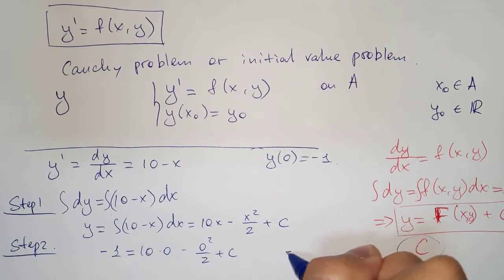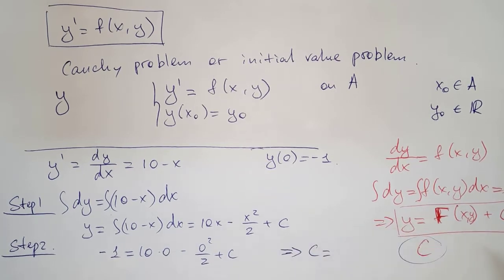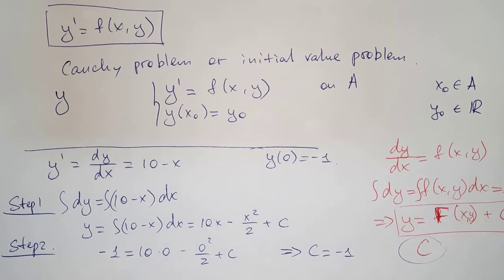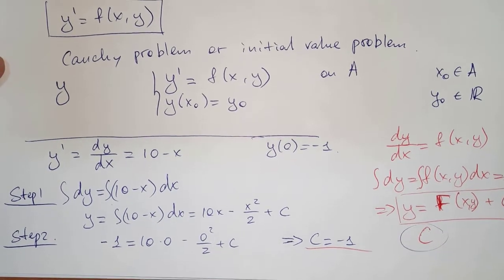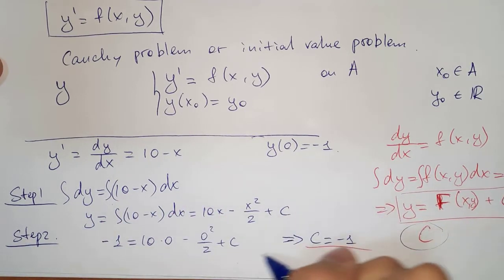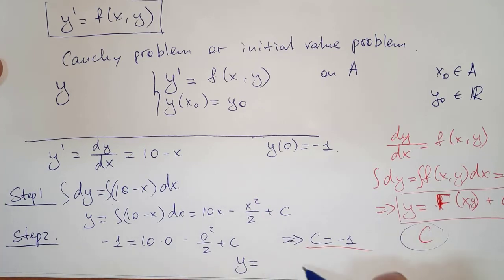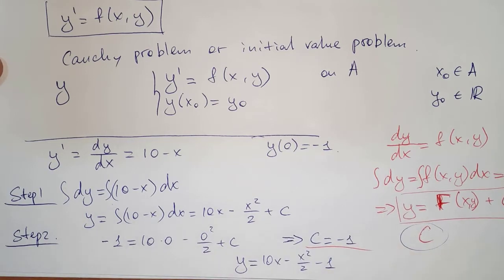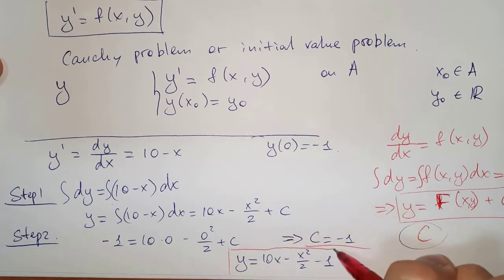Now we put its value instead of c. So y equals 10x minus x squared over 2 minus 1. This is the solution of our differential equation.